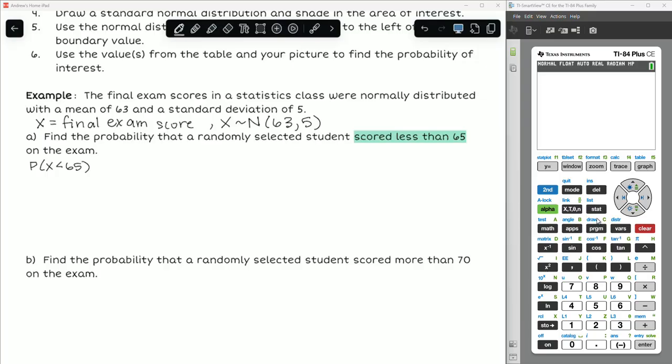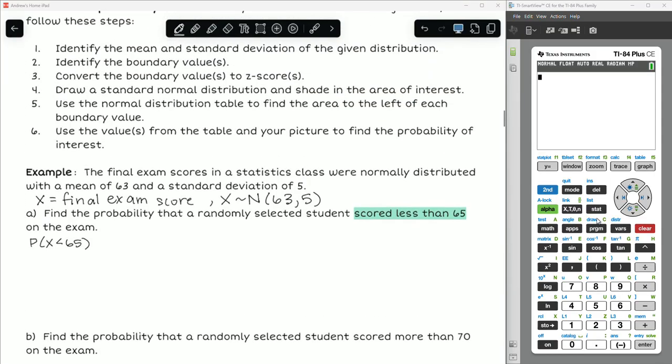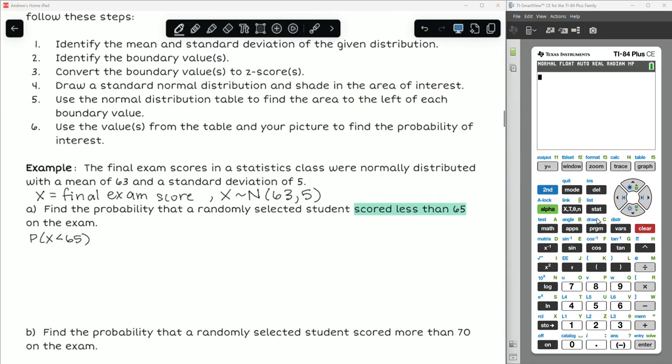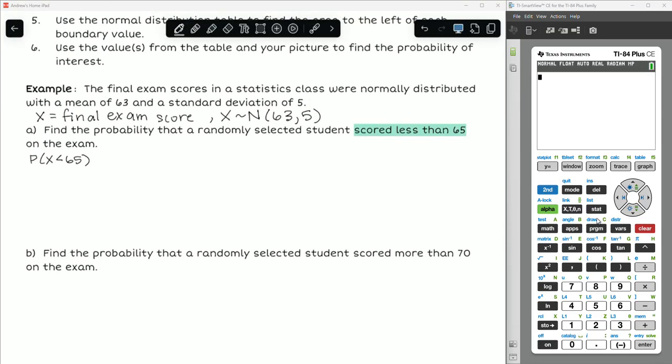The first thing I'm going to do now that I've set that up is convert that boundary value, 65, to a z-score. I know that z is going to be our data value of 65 minus our mean of 63, divided by our standard deviation of 5. I know 65 minus 63 is 2, and 2 over 5, I believe, is 0.4.